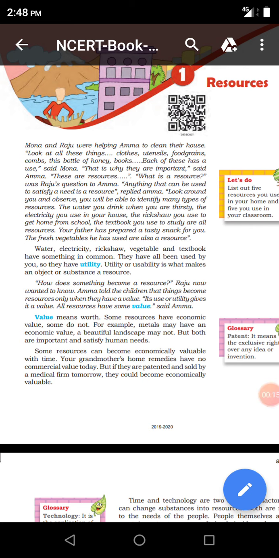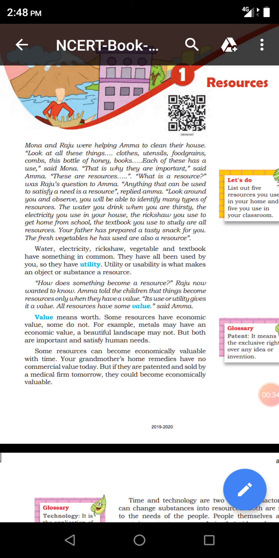Today we will discuss class 8th geography subject, first chapter, resources. First of all, look around yourself. What you will find?